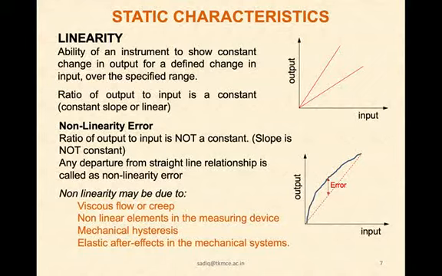We prefer linear instruments because if you know the relation between input and output, then over a range, if there is a variation in the output compared to the expected output, we can understand that the measurement is erroneous or the instrument is going erroneous.